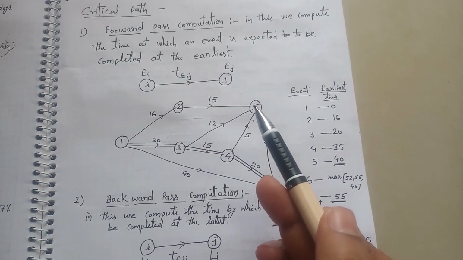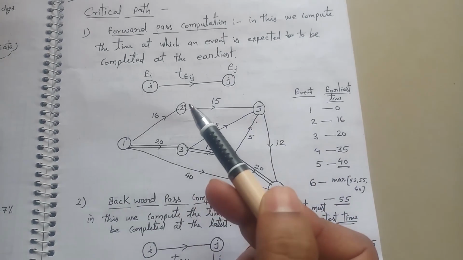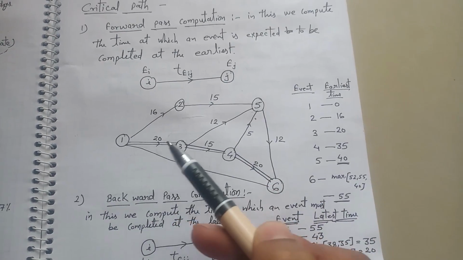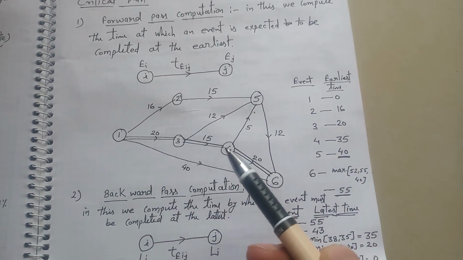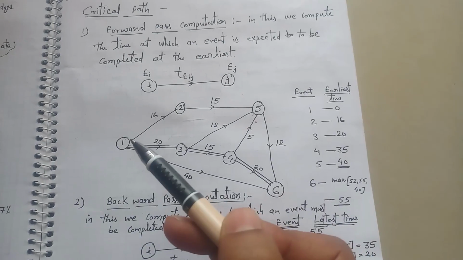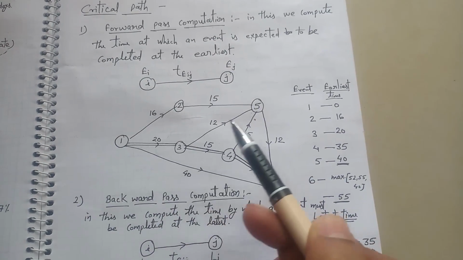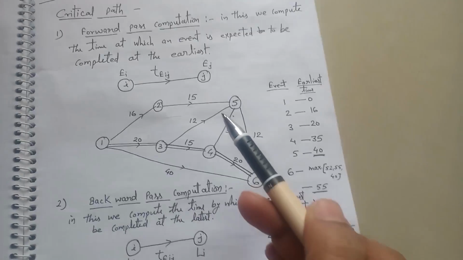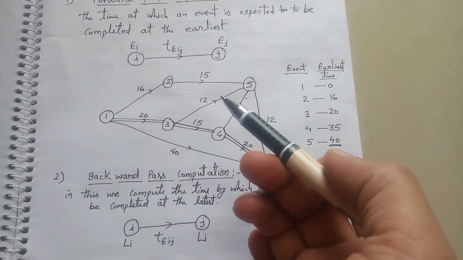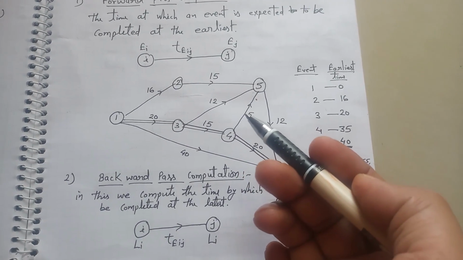For the fifth event, we can go by this path or this path or this path: 1-2-5, or 1-3-5, or 1-3-4-5. So we take the path which has maximum time.